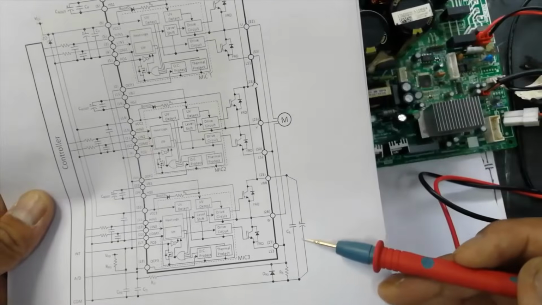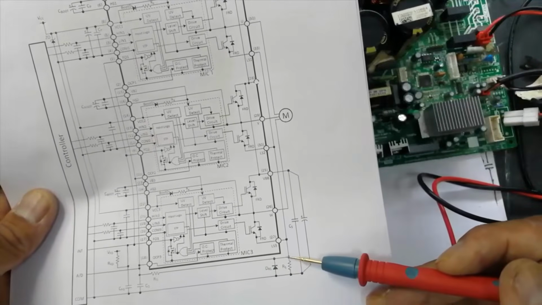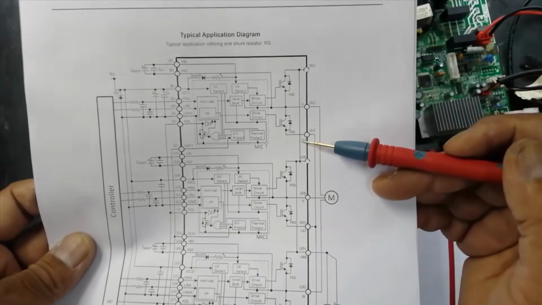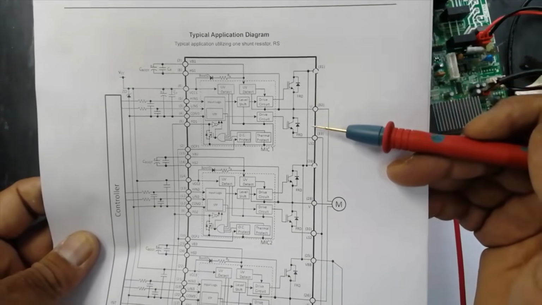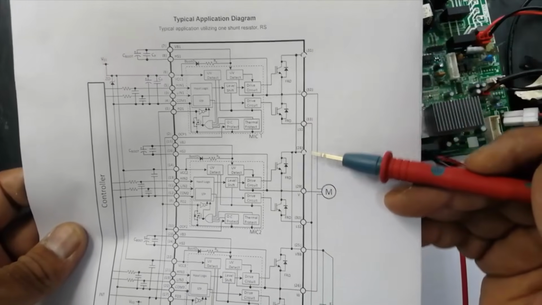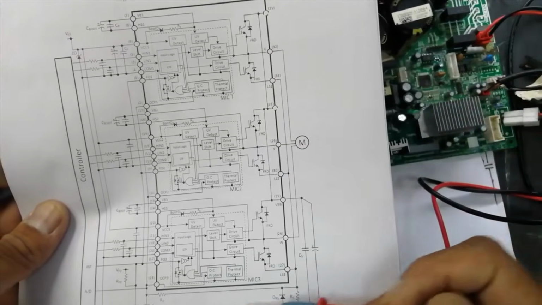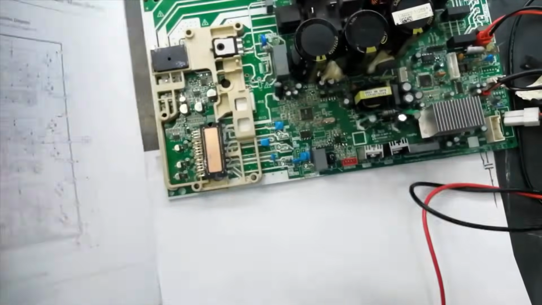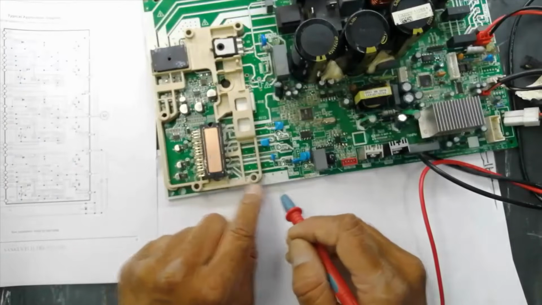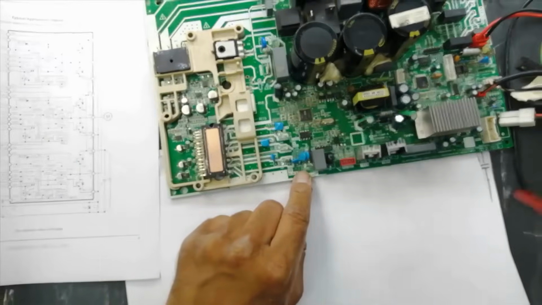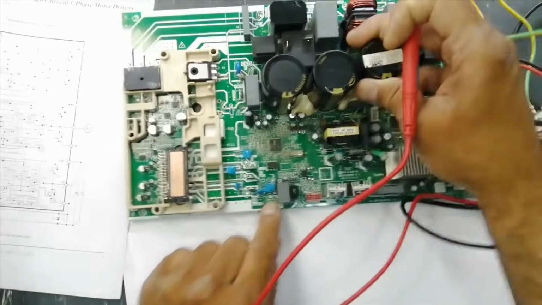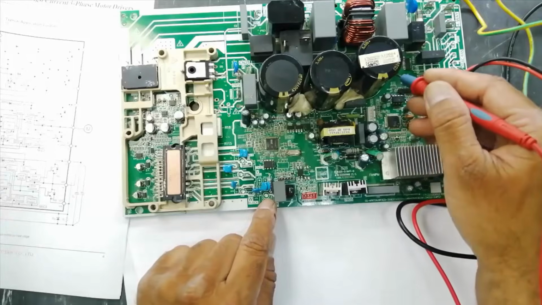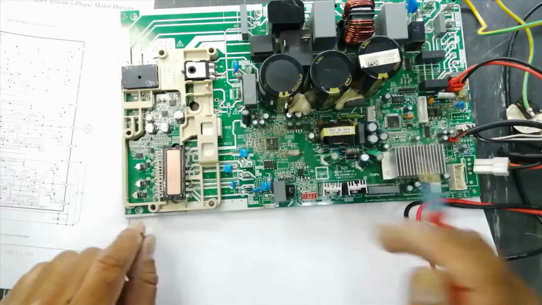The capacitors, as we discussed, there is one series resistor, and it will apply voltage to every low side IGBT. So every low side IGBT will take ground voltage from here, and pin number 31 will have positive voltage. It is taking positive voltage from here, which we discussed, that a jumper is installed from this point to this point. So we will apply a jumper and we will check.